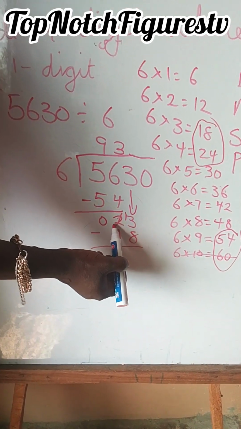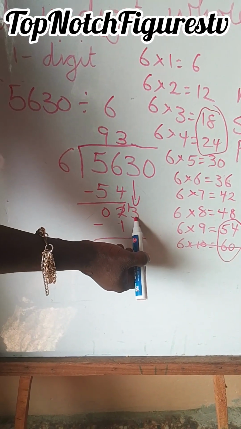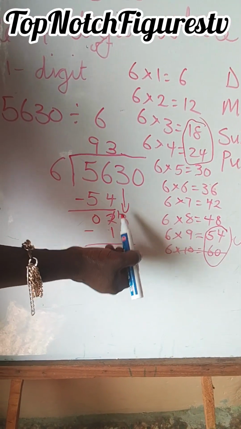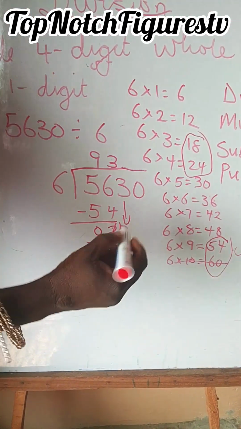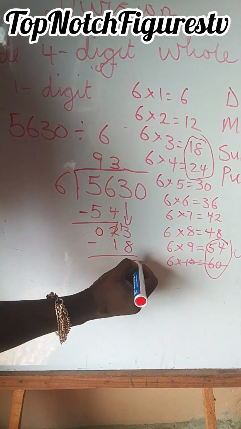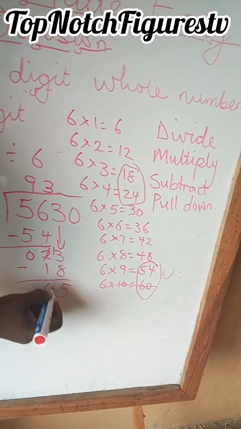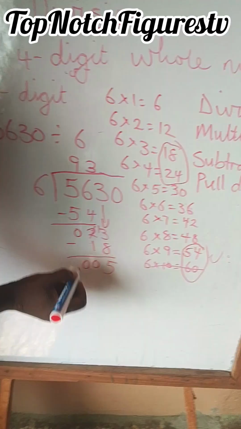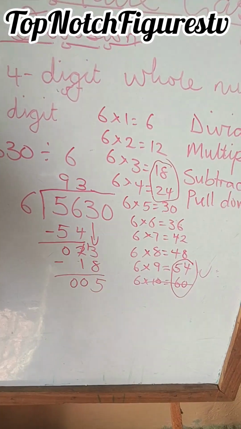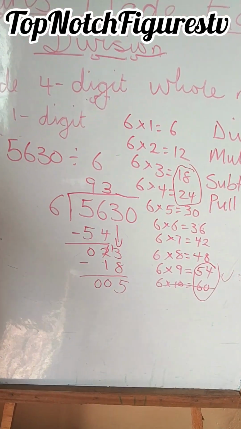So we've come here to borrow a 10. 13 minus 8, that is 5. 1 minus 1, 0. 0 minus nothing, 0. So we have 5.